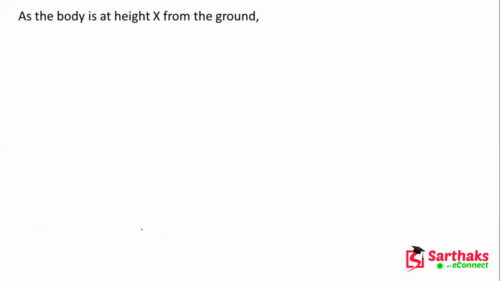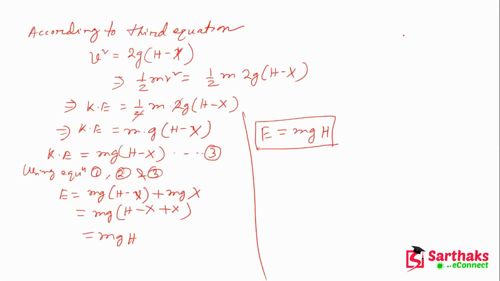So at x, the body is at height x from the ground. I'm drawing this; this is the ground. Suppose this one is x. I have written some equations here.